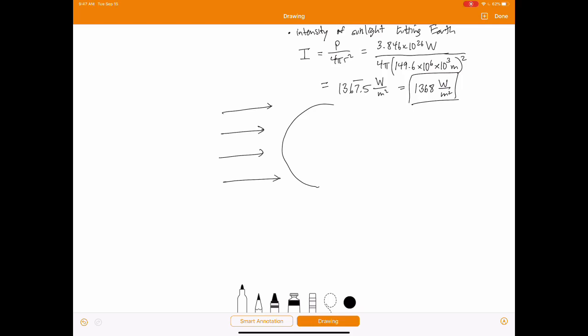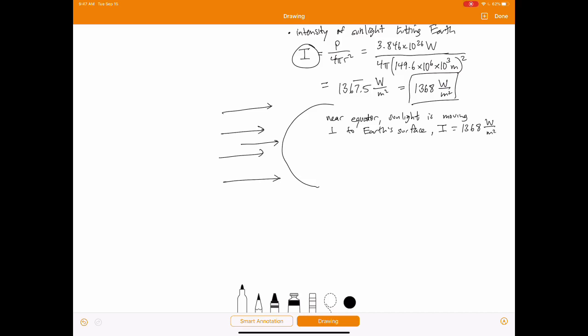So the point is, if we're near the equator, the sunlight is hitting the Earth pretty much head on. In other words, the sunlight is moving perpendicular to Earth's surface. And remember, when we calculate intensity, we're always assuming that the light is moving perpendicular to the surface. So that's definitely the case near the equator. So the intensity would be exactly what we calculated.